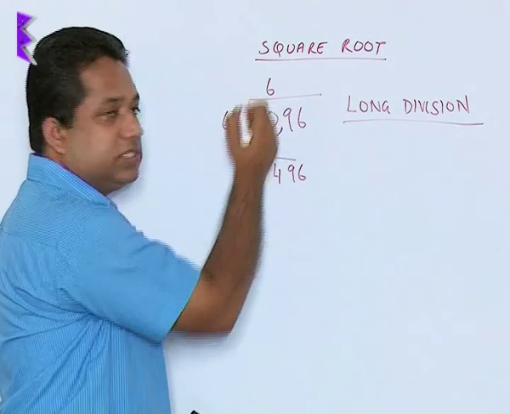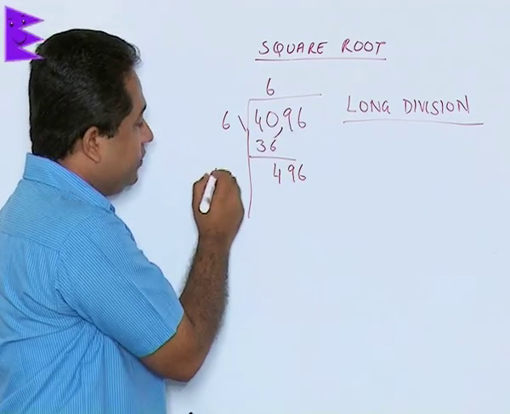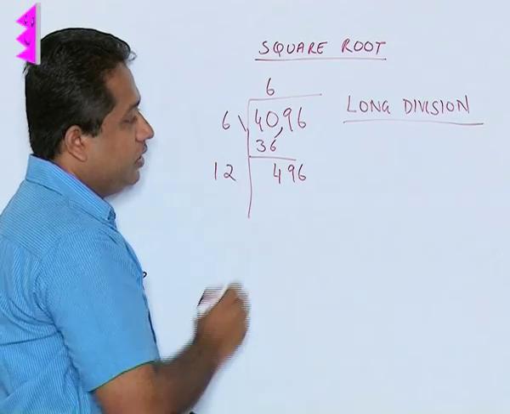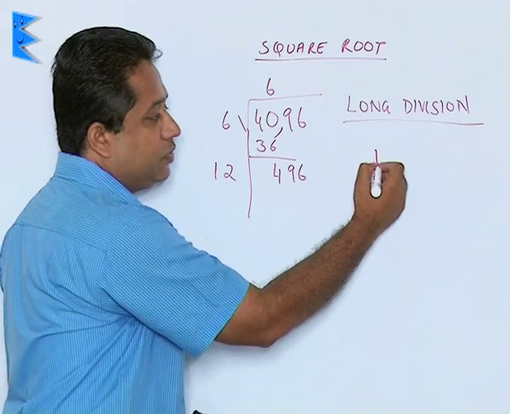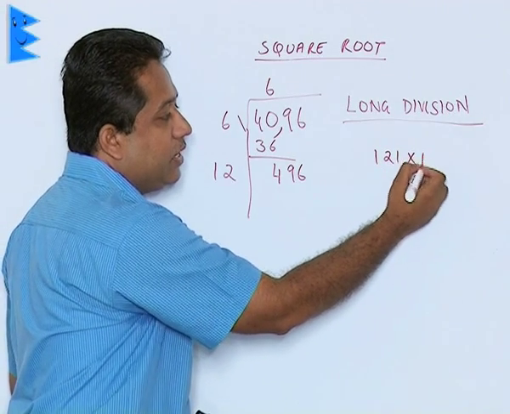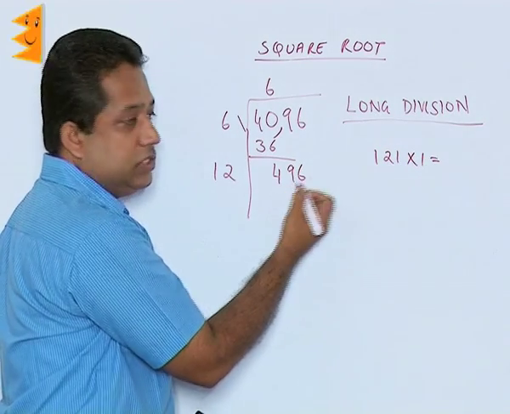Bring down the two numbers, that is 96. The number on top is 6. Double 6, we get 12. Now, put a number along with 12 and multiply by itself. If you multiply 121 with 1, we are not going to get this.